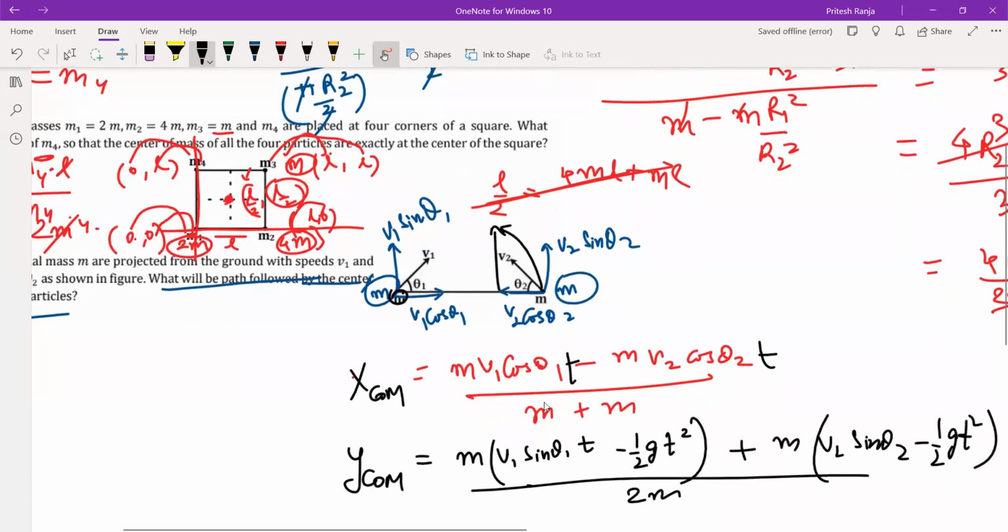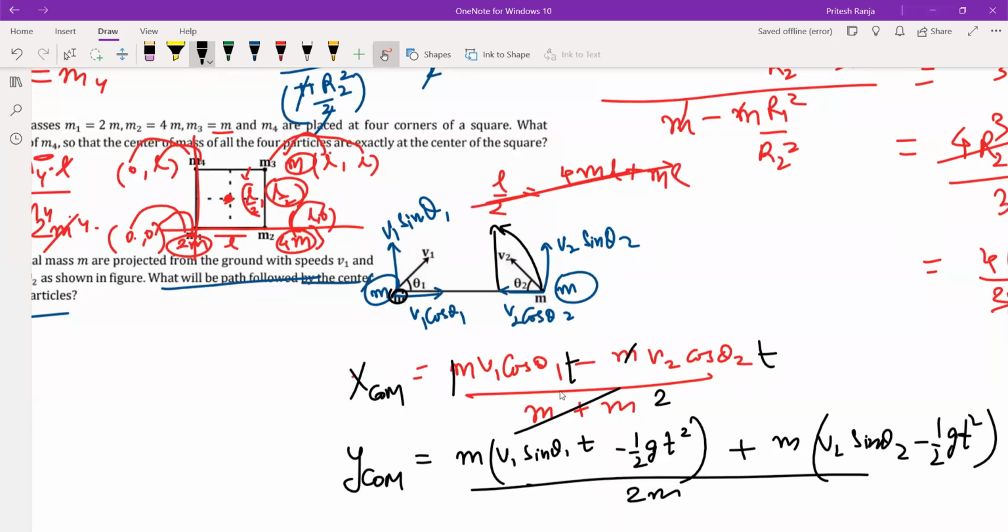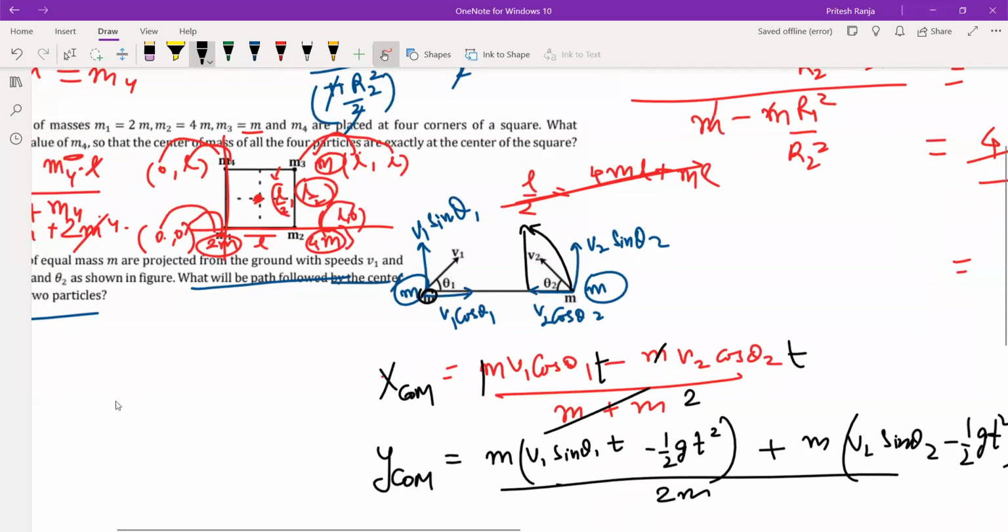चलो मैं सिंप्लीफाई कर देता हूँ, ये masses कट कर देता हूँ and let's write the simplified equation. So x of center of mass क्या मिला?